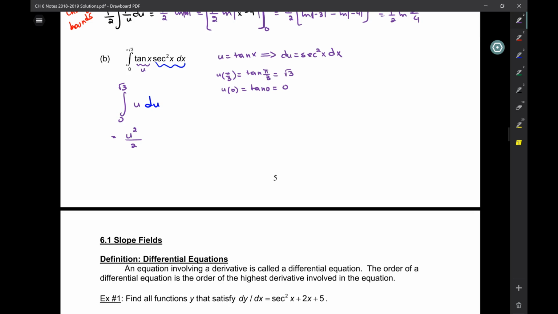Sine of 0 is 0. Cosine is 1. So that's u squared over 2. And we're going to go from 0 to root 3. So that's root 3 squared over 2 minus 0 over 2, which is 3 over 2.